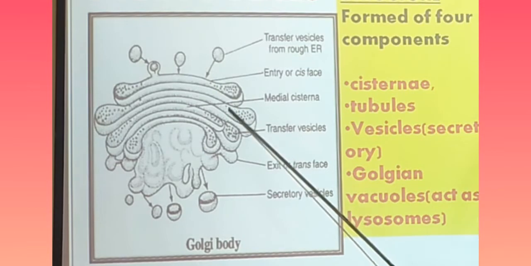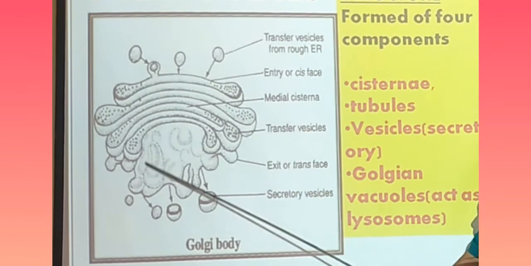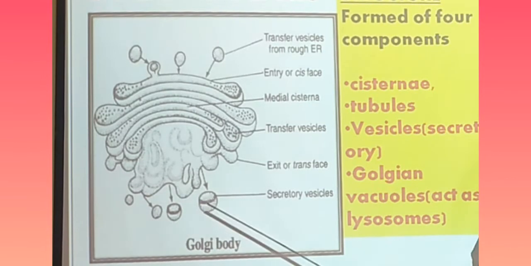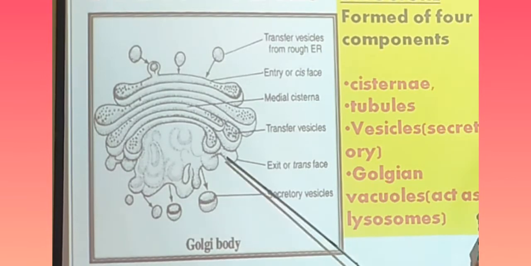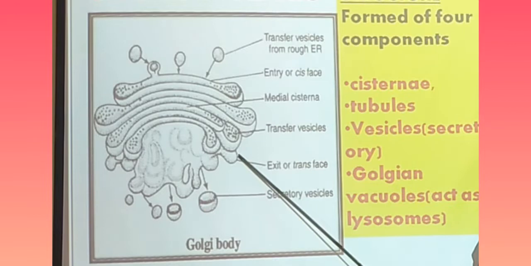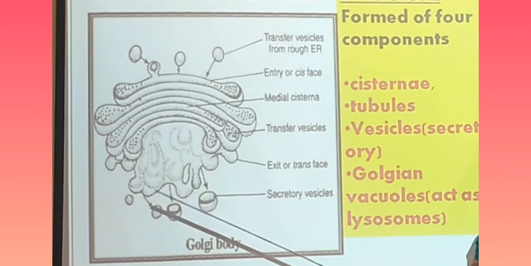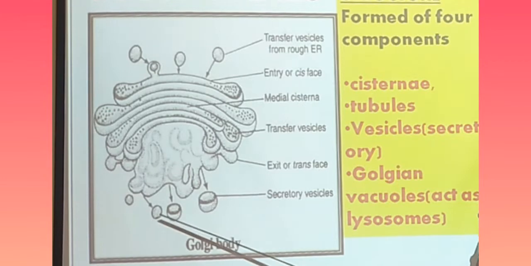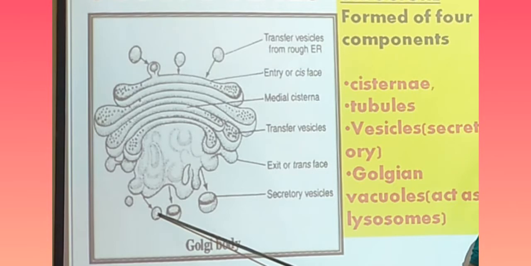So these are the cisternae, these are the tubules and these are the vesicles. So these vesicles are formed from the end part of these cisternae. Okay? And there are certain vesicles which will form the vacuoles called Golgian vacuoles, which play an important role to form lysosomes, that is the third organelle.